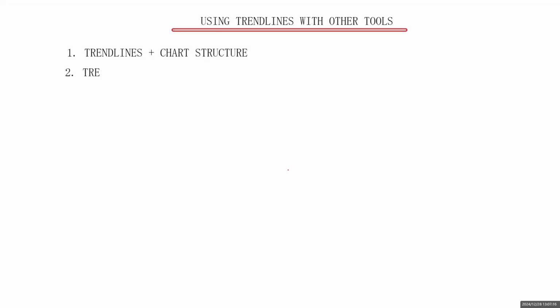So the next one we are going to be talking about is trend lines plus horizontal support and resistance levels. Okay, so how can you collaborate trend lines with horizontal support and resistance levels? For example, let's draw out a resistance level right here.